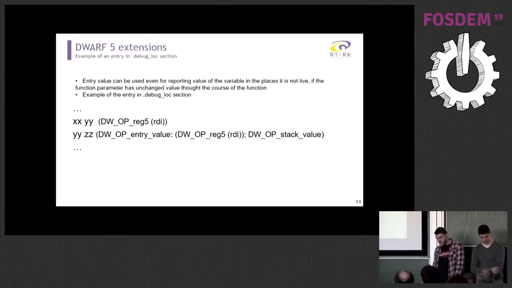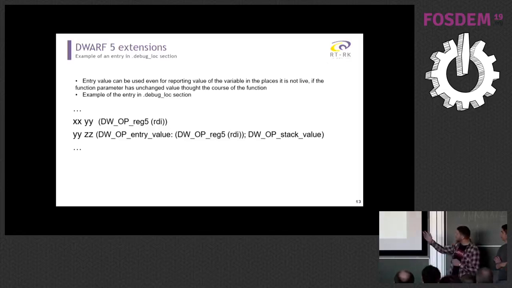Here is another example. If the parameter has an unchanged value through the course of the function, we can use this op entry value, the entry value, for describing the actual value of that parameter at places where it has no location information at all.